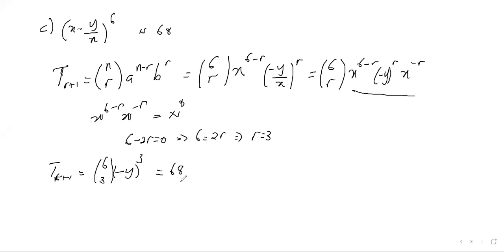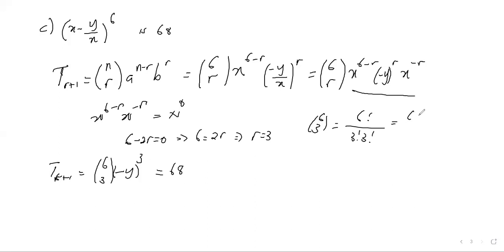The question says, if the term independent of x is 68, find y. So when you work out this, the answer should be 68. That's why I've set it equal to 68. So now what is 6 choose 3? 6 choose 3 is 6 factorial over 3 factorial by 3 factorial.